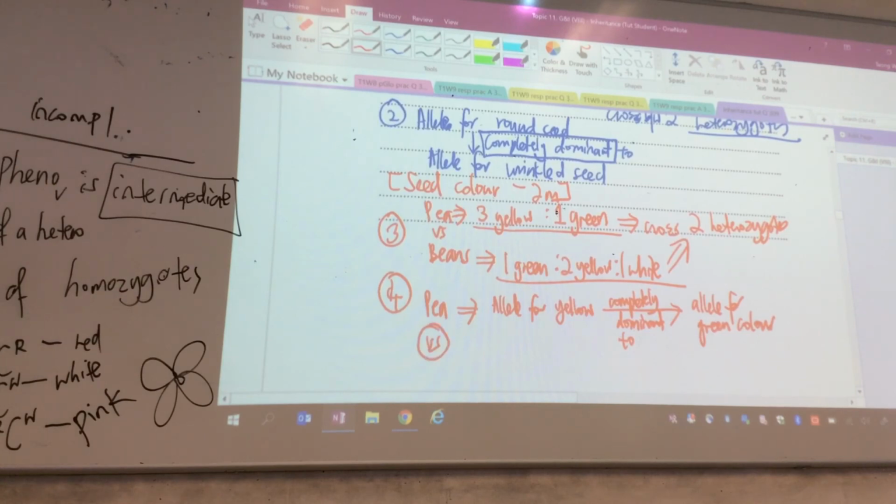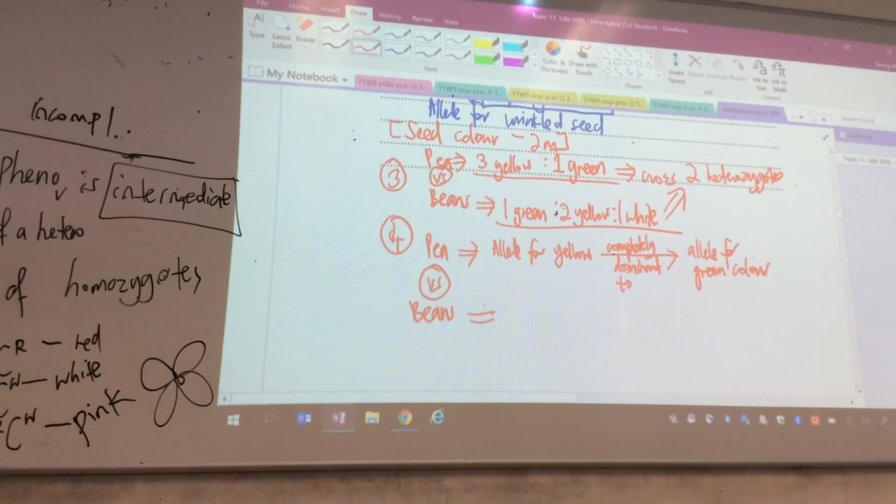Versus in the bean plants, which is the more dominant allele?